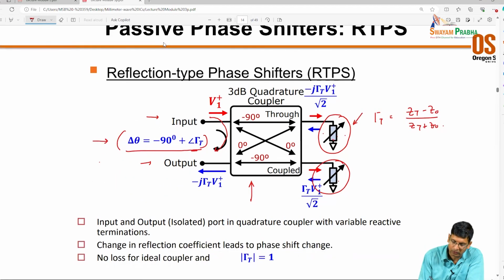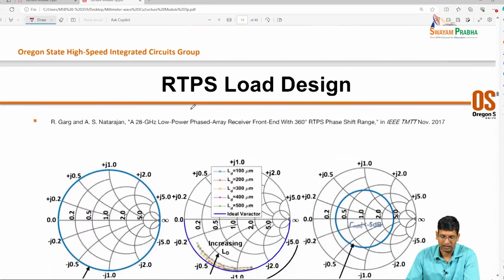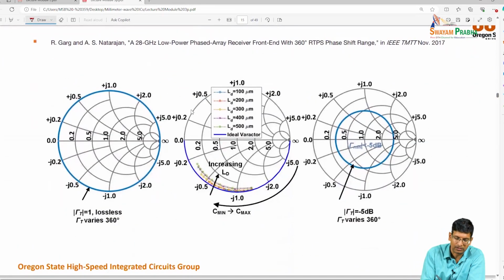Because what you can see here is that the magnitude of the loss is also the magnitude of gamma t, right? And the phase shift that you are getting is just angle of gamma t plus or minus 90 degrees plus angle of gamma t, right? So the best case scenario is if I could magically create a load that moved all the way around the Smith chart's boundary like this, right?